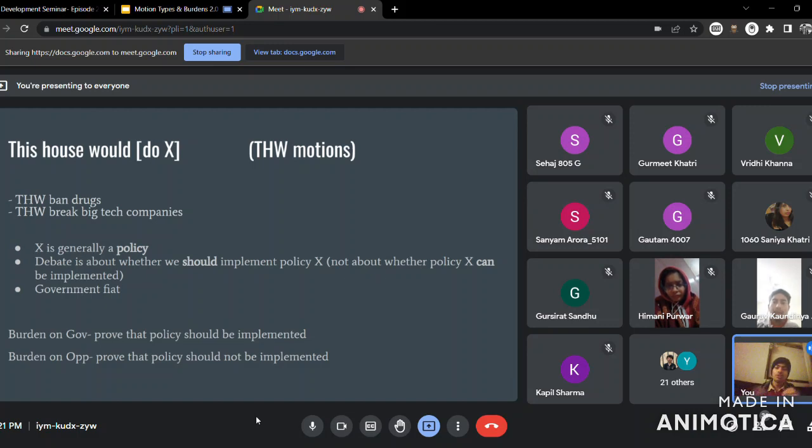So these are a couple of examples of policy motions. This is what they look like. I just had the examples at the top so you can visualize what this debate would look like. So what you need to do in policy motions is that this policy X, this is generally a policy, and you are debating whether you should implement this policy X or not.